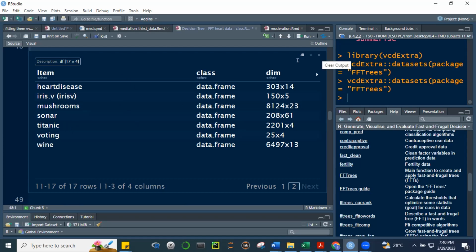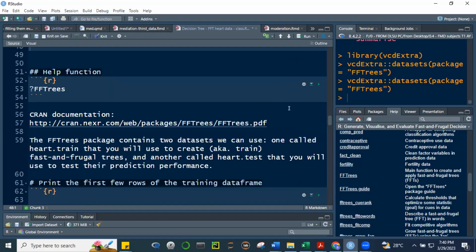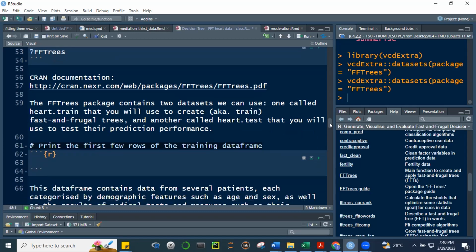So, at least nakita natin. And as I mentioned a while ago, what we're going to use is this heart.test and heart.train. All right. So, we won't do this help function anymore kasi nauna natin. So, let's load first. Tingnan natin data natin. Okay? So, maybe let's call it, anong gusto yung tawagin natin? Heart, ano?